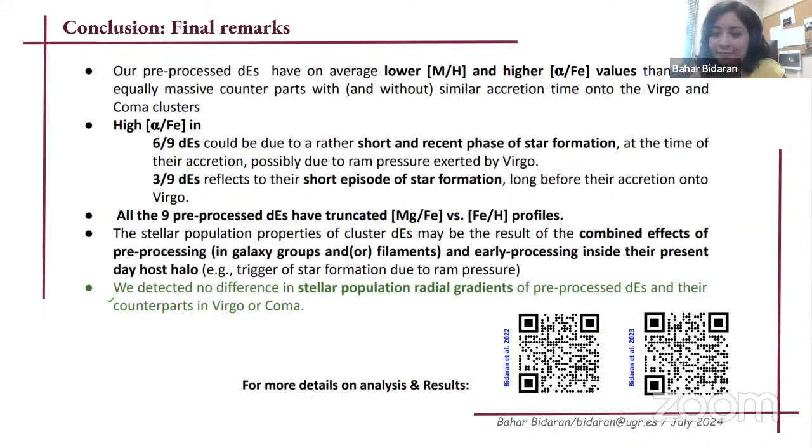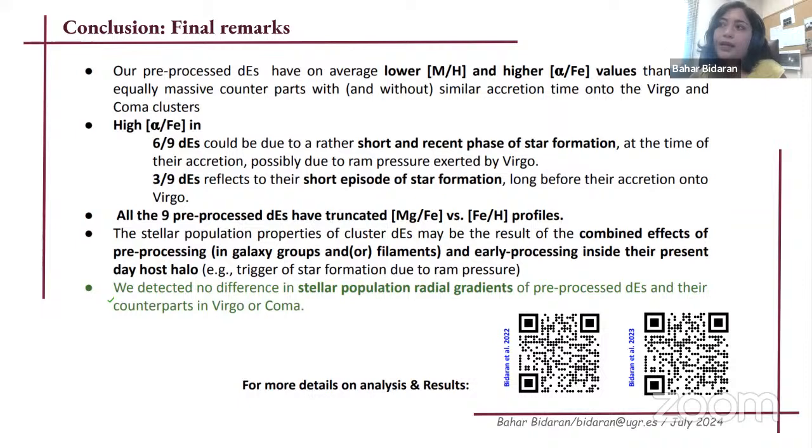Thanks. Another one. Could your nine dwarfs have gone through a blue compact dwarf phase? Which phase? Blue compact dwarf. Could they have been at some point blue compact dwarfs? I don't think so, because I'm not really familiar with the details of the blue compact dwarfs, but these galaxies in terms of size are a bit more extended than the blue compact dwarfs. They have disk substructures, some of them have spiral arms.